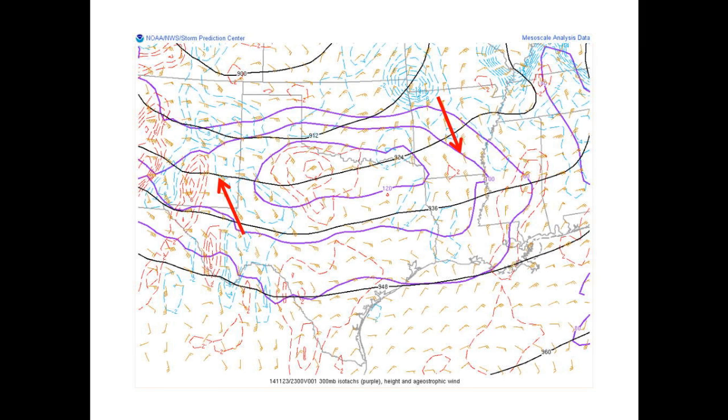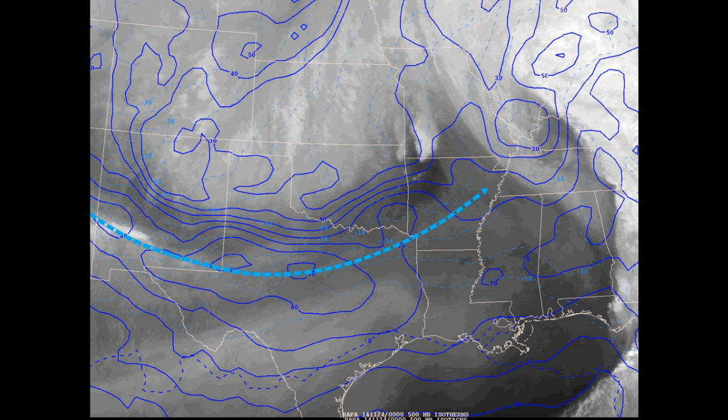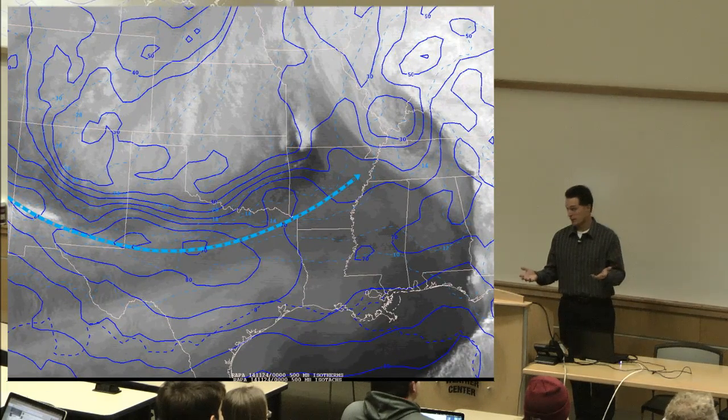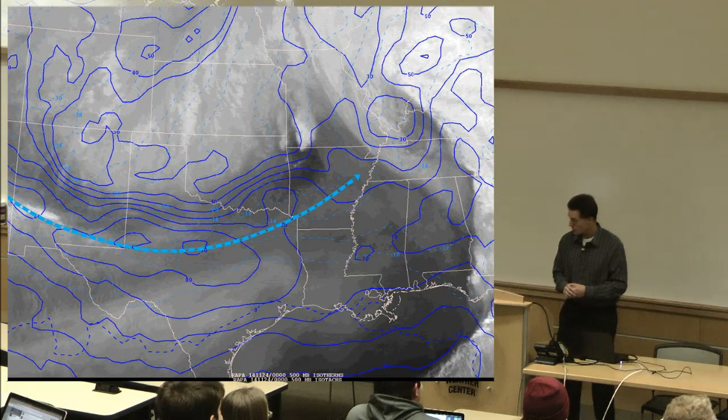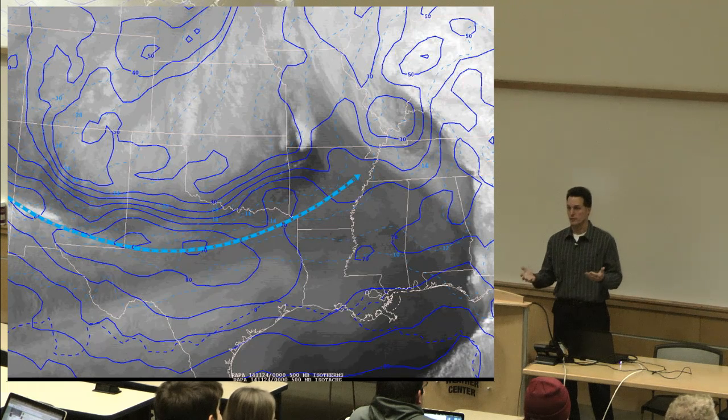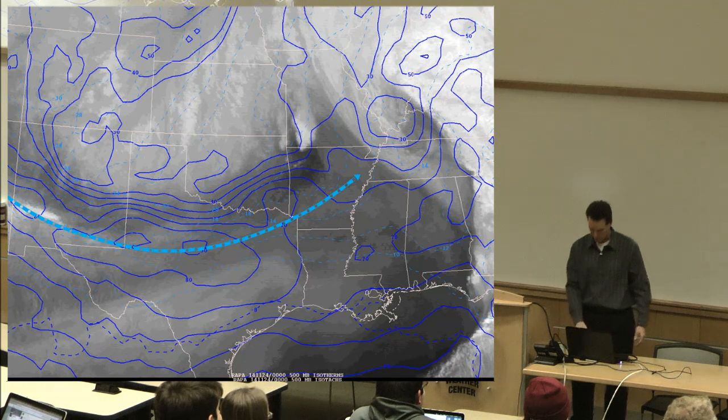And in this case, what does it look like thermodynamically over the left exit region? In this case, the right entrance region is over the high terrain, high desert area. Not that interesting. Left exit region, however, and now we've gone down to 500 millibars, so we're a little bit below the jet core, but same idea. It implies that that's sitting over southwest Missouri, and you see evidence of convection there in that left exit region.